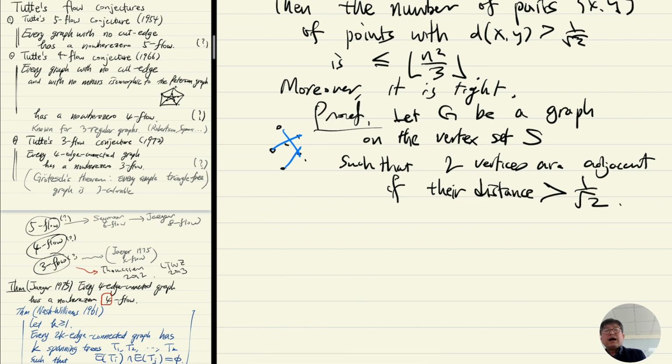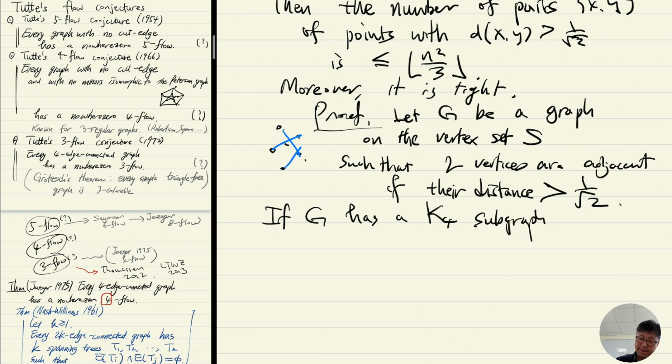Now, I'm going to show you that G has no K4 subgraph. If G has a K4 subgraph, A, B, C, D, between any pair of them, the distance is at least 1 over square root 2.